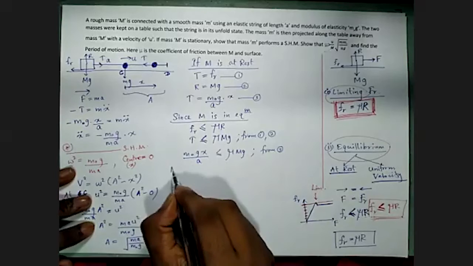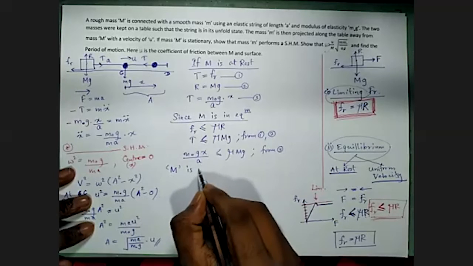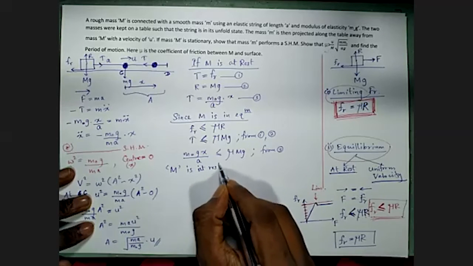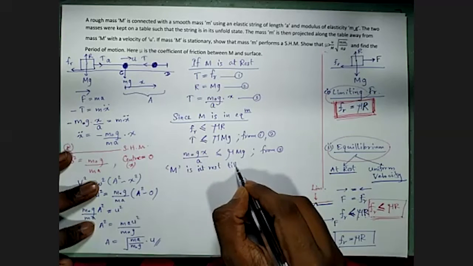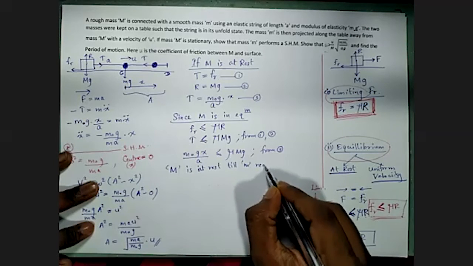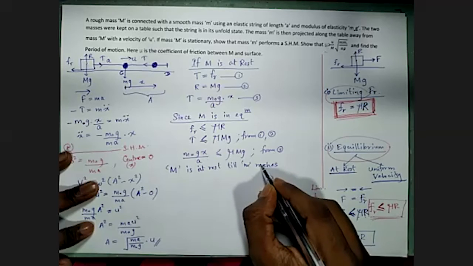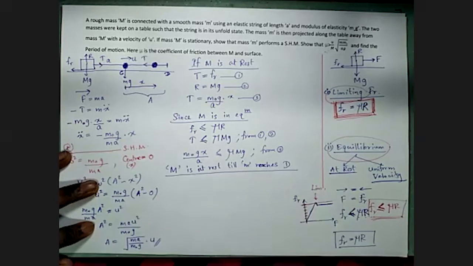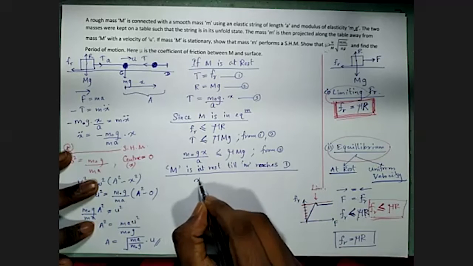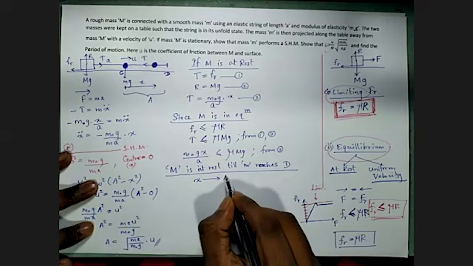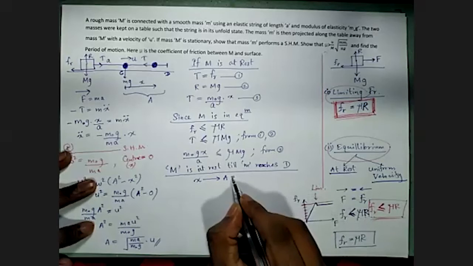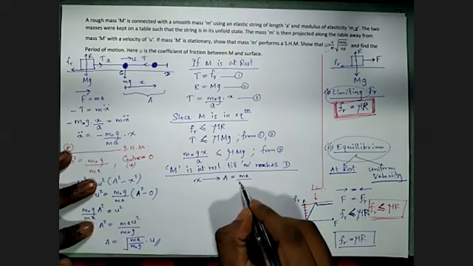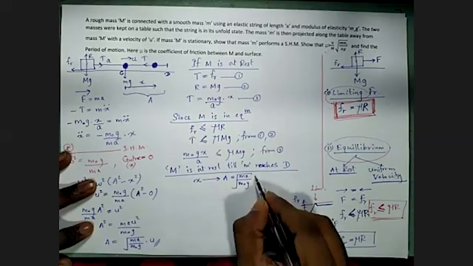Now I can write that logic. Capital M is at rest till small m reaches d, that is the amplitude point. That means x, our extension, can go up to the amplitude. What is the amplitude? Ma over m naught g, square root into u.